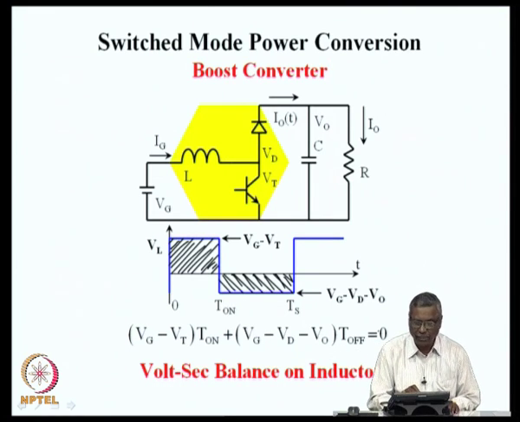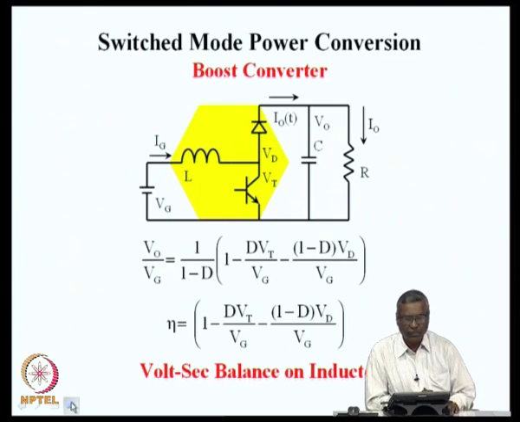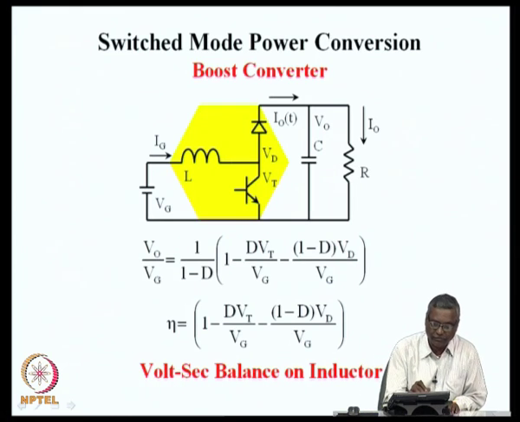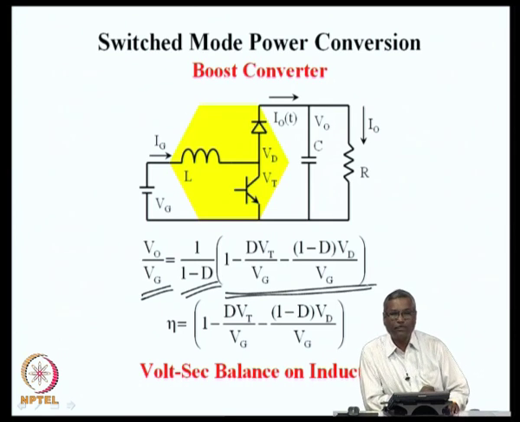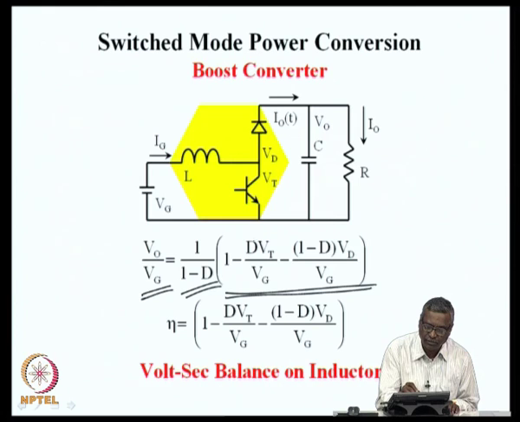And this is now the fresh volt second balance taking into account the non-idealities of the switch, and when that is done, this expression results in V naught by Vg being the same as the ideal multiplied by a correction factor. And you can see that this correction factor is less than 1, because from 1 you have to subtract two positive ratios, Vt by Vg into d, and Vd by Vg into 1 minus d.